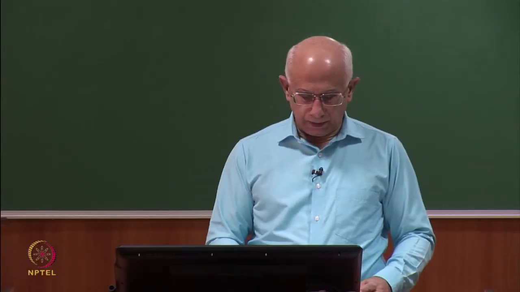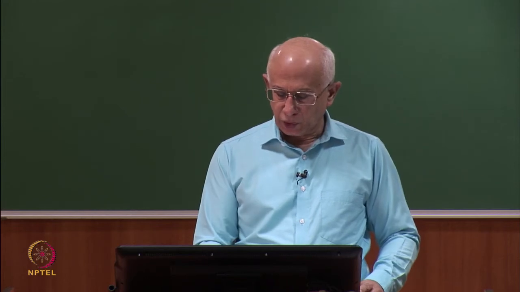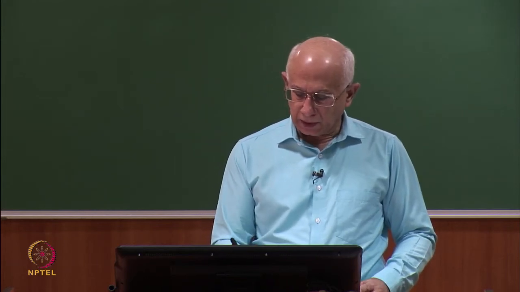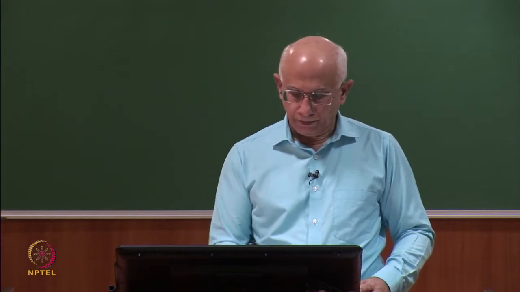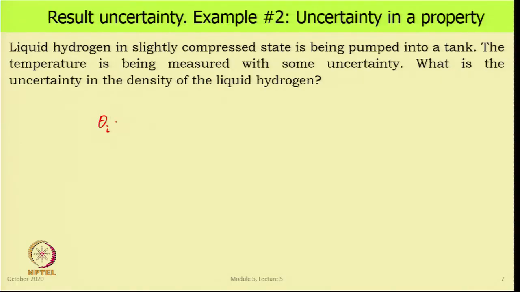Now, that was the liquid hydrogen case, where we approximated theta I as delta R plus upon delta T plus, the value at some higher value, minus the value at the lower one, over the difference of the temperatures.